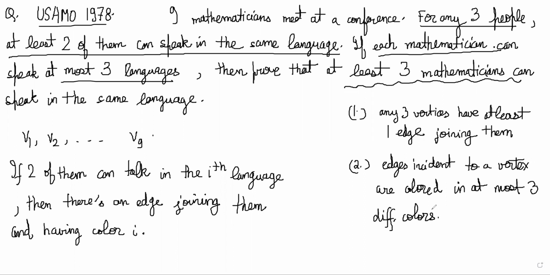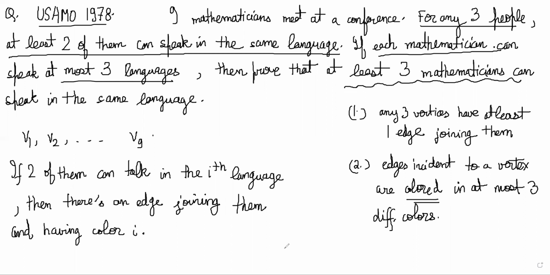So one vertex means one mathematician, and if he's able to talk to say five different mathematicians, he can talk to them in at most three languages, right? There have to be repetitions of languages because he cannot have five new languages. There is an upper limit on the number of languages or number of colors in which the edges can be marked, right?